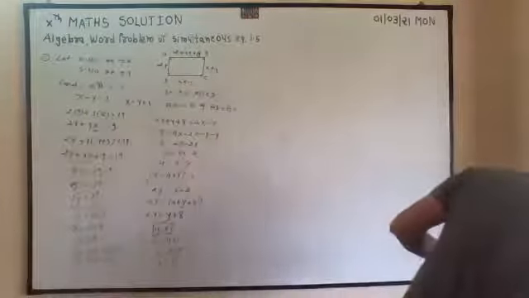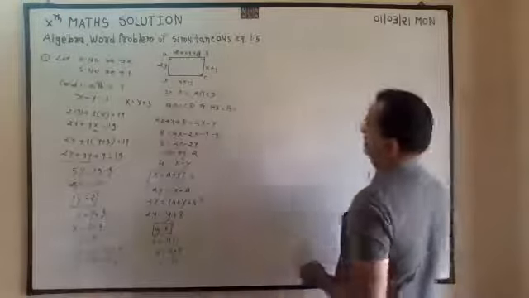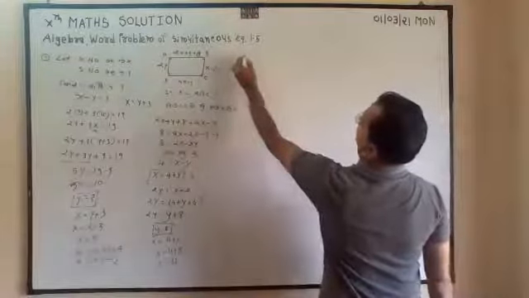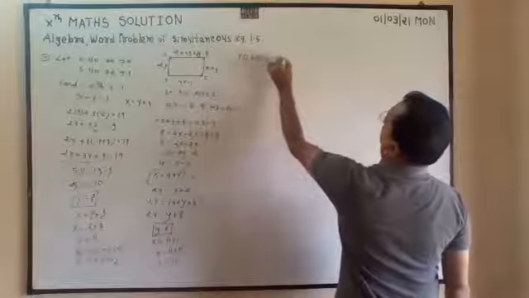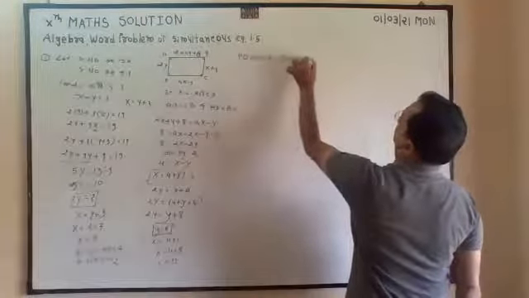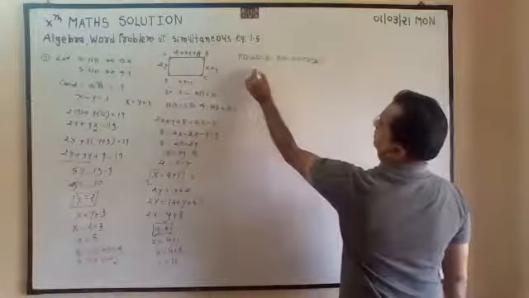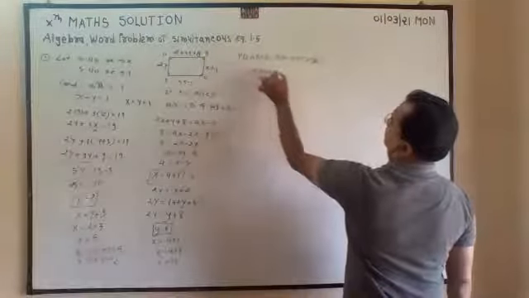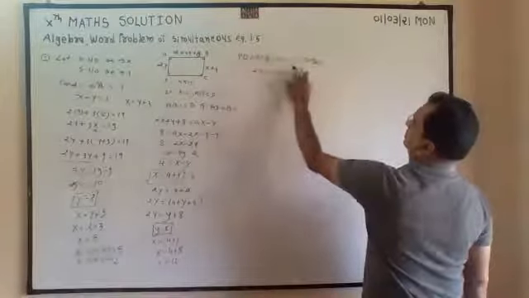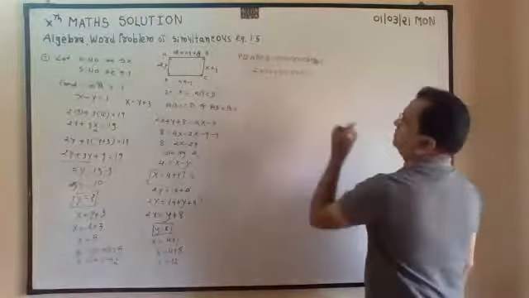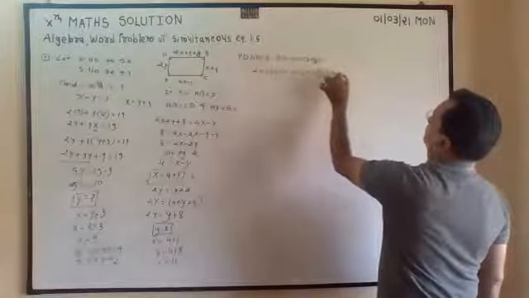So we have to just find out the perimeter and area. Perimeter of quadrilateral ABCD is equal to AB plus BC plus CD plus DA. So what is AB? 2x plus y plus 8, x plus 4, 4x minus y, plus 2y.